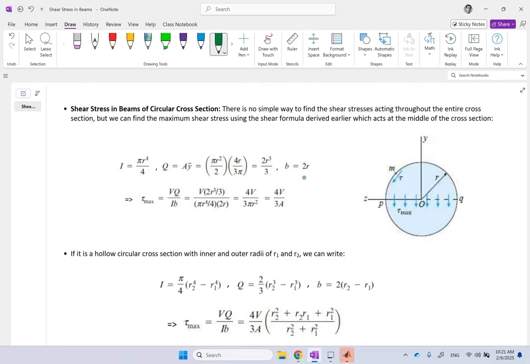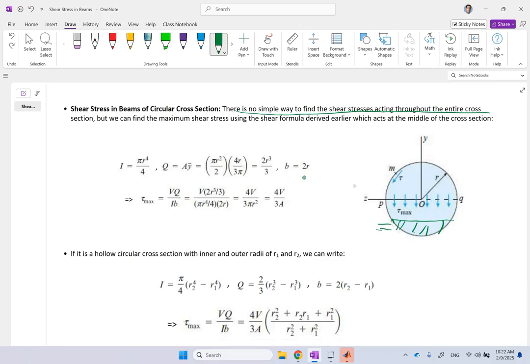So throughout the entire section, as I said, there is no simple way to find the shear stress distribution as a function of y, because if you go up and down on this and you look at this guy, it's not as easy, right? First of all, the bending force that depends on y, clearly, if you look at the element, the sides of this face are not rectangular like last time.